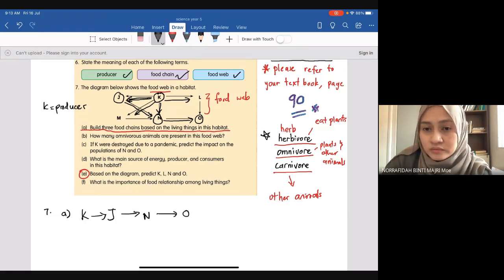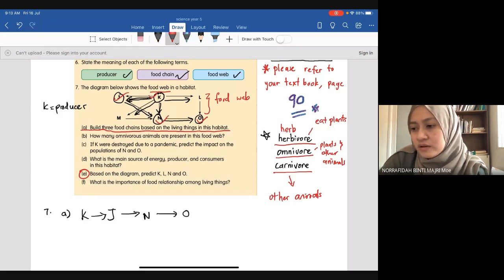Okay, ini baru satu. You need to build 3. So, you already written down this one. So, next one you have to write down the next arrow. Look at the red arrow that I drew just now, yang teacher dah lukis ini. Kamu ikut sajalah.